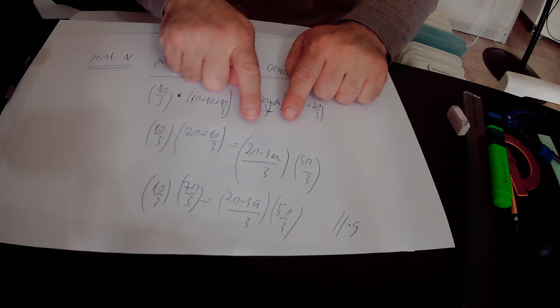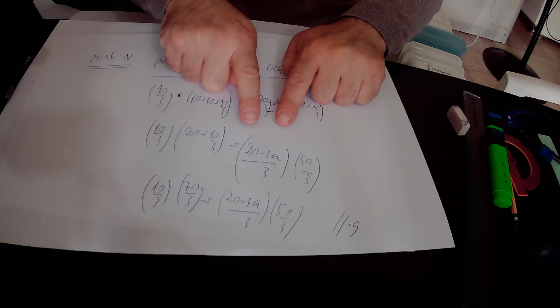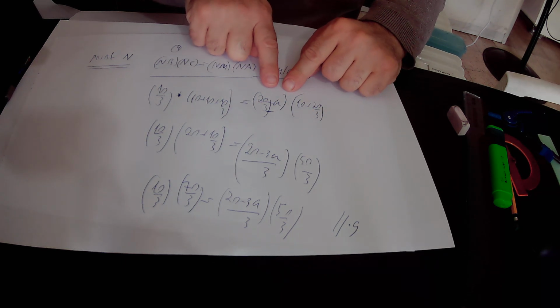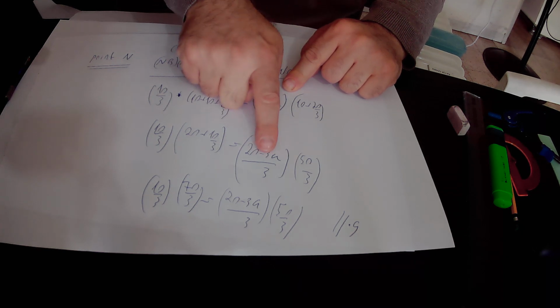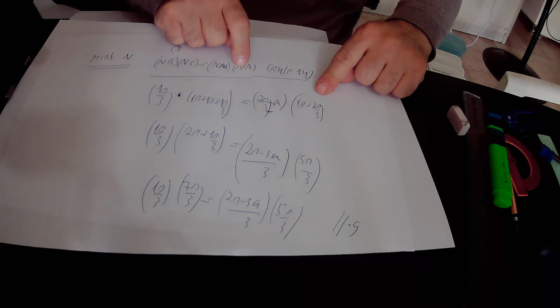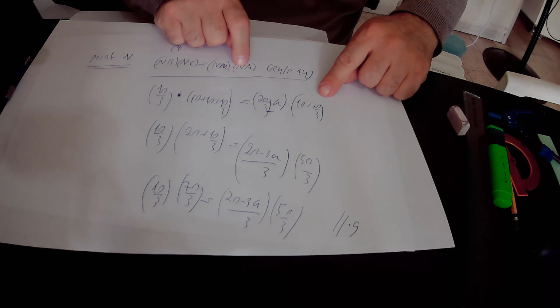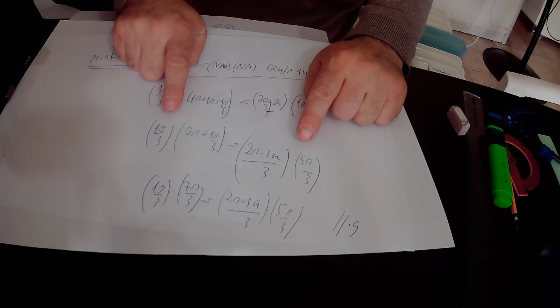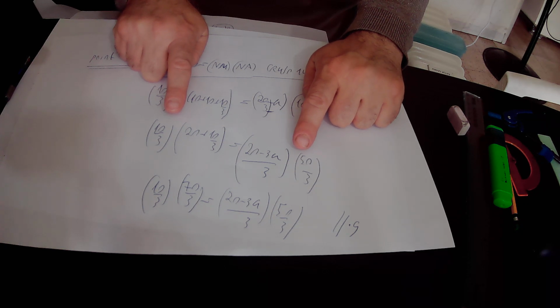And there we have 20 minus 3A over 3, after we multiplied A by 3 and then divided by 3. And this expression, after we multiplied 10 by 3 and then divided by 3, in total equals 50 over 3. So we have here 3 in the denominator on both sides of the equation.